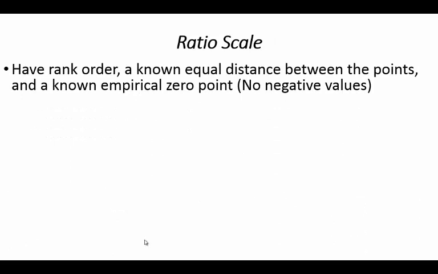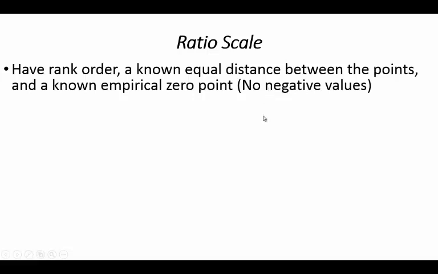The ratio scale, which is the most precise of all scales, again has a rank order, a known equal distance between the points, and a known empirical 0 point. So the 0 point is the end of the scale. We cannot have negative values in a ratio scale.